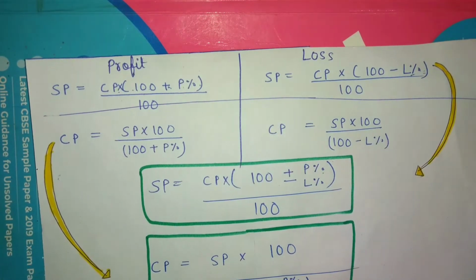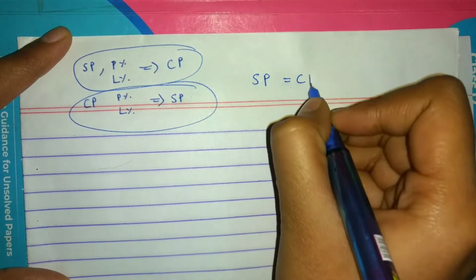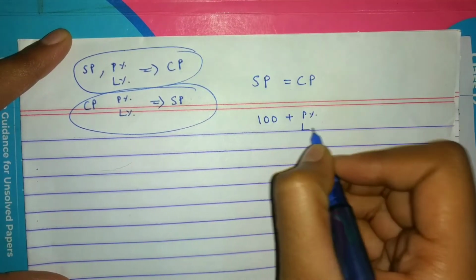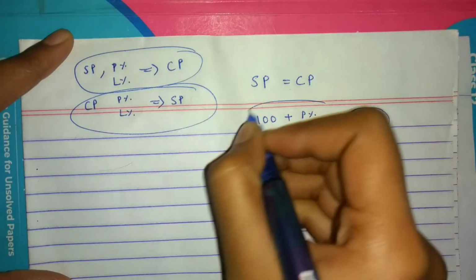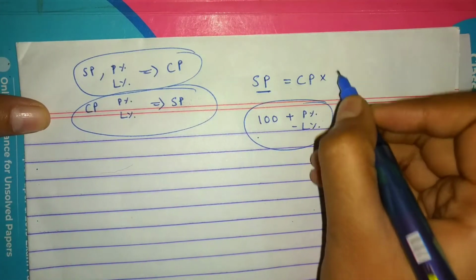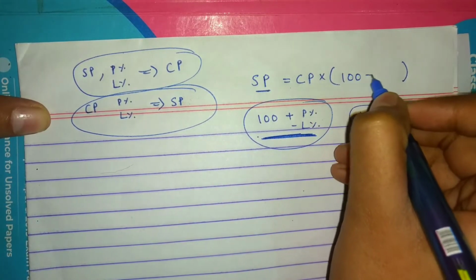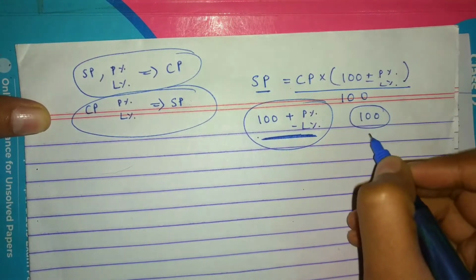Okay. Now let me tell you one trick to learn this formula. To write SP, at first you have to write SP is equal to CP and you have to place two terms, minus loss percent and 100. SP is like supreme. So in the numerator you have to write this longer term, 100 plus or minus profit percent or loss percent, and the denominator you have to put 100.